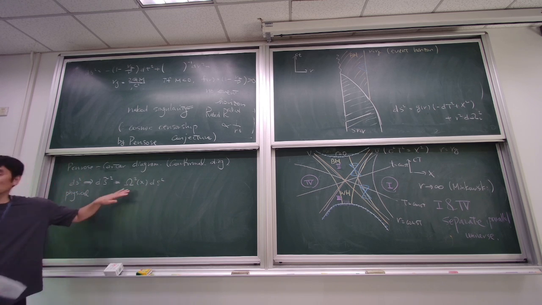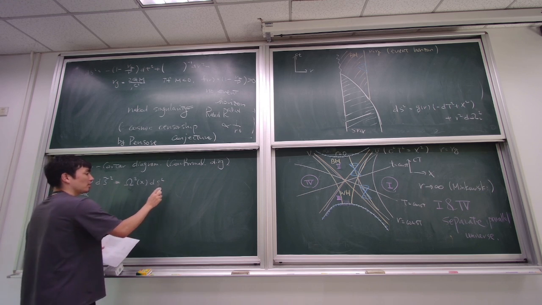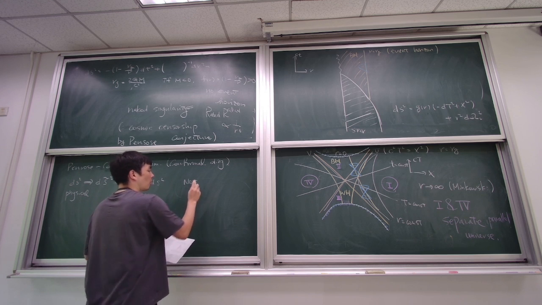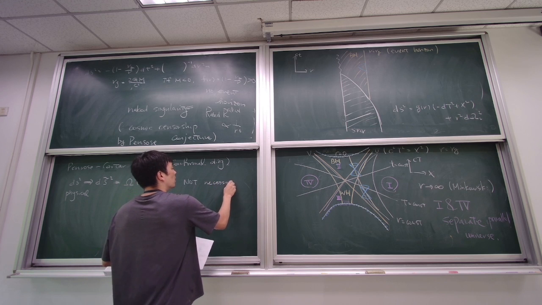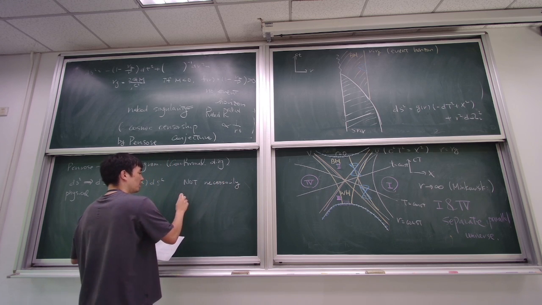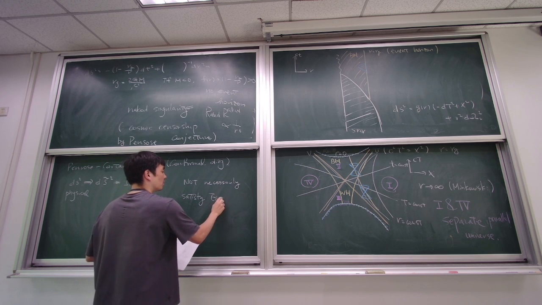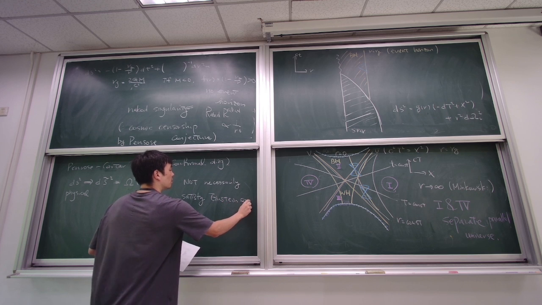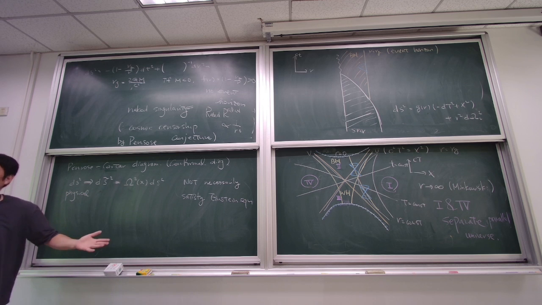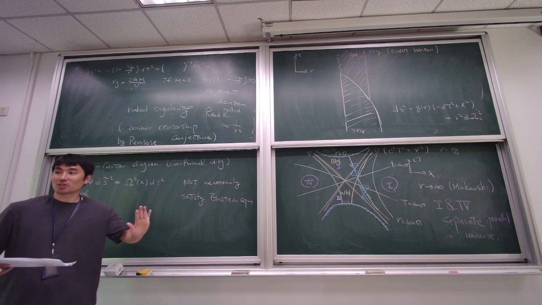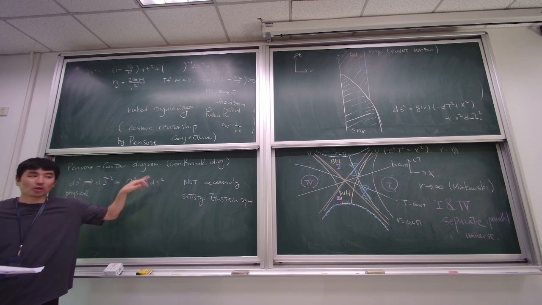You just scale by this conformal factor, but caution needs to be paid because this metric almost always does not satisfy the Einstein equation. If you multiply by the conformal factor, it's almost always not a solution of the Einstein equation, even though ds squared is a solution.